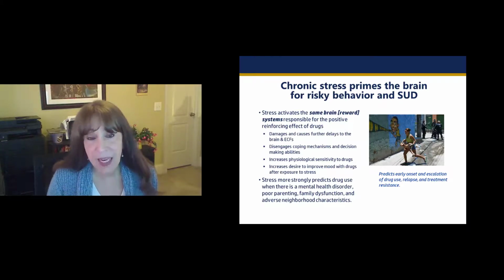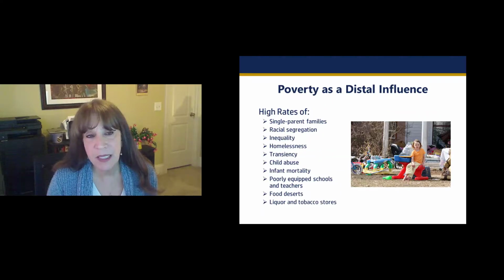And it reinforces ongoing use. So that is the lesson here. And when there's also a mental health disorder, poor parenting, family dysfunction, and so forth, then that relationship is even stronger. So the brain reward system that's affected by drugs is damaged by stress, making it even more responsive to drugs.